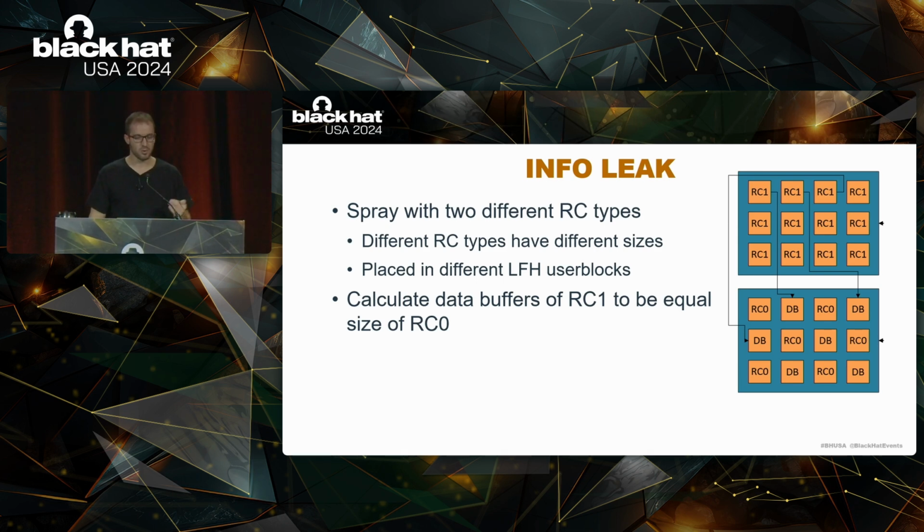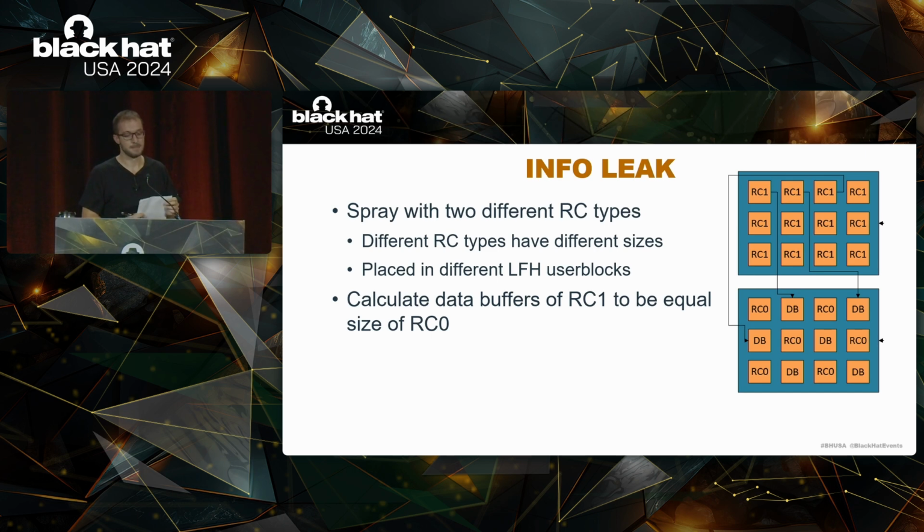So I sprayed the heap with two different resource container types. The first one is RC1, or resource container 1, and the second is RC0. Different resource containers have different sizes, so that means they will be placed in different user blocks.